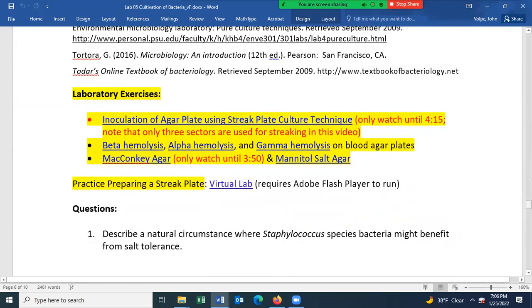In the laboratory exercises, you should watch a video on inoculation of agar plate using streak plate culture technique. We have a little video showing you beta hemolysis, alpha hemolysis, and gamma hemolysis. And I forgot to mention, you only need to watch this first video until 4 minutes and 15 seconds, because that's the point we're trying to demonstrate what we want you to learn with this video.